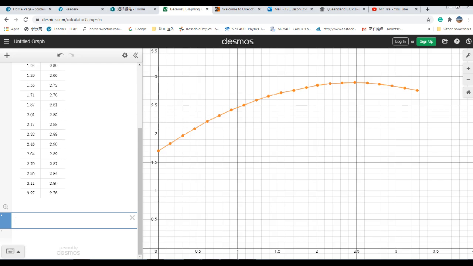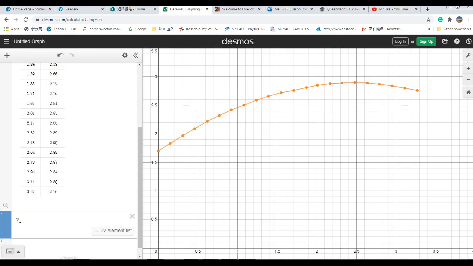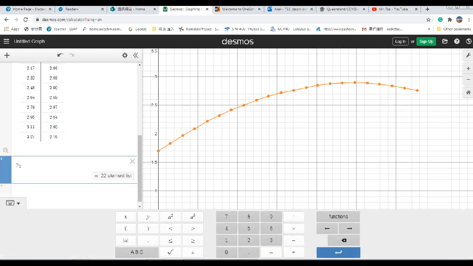So let's first use the general form of the equation. Let's write y1, but sorry, that's important, you should not use equals. You should use another symbol.